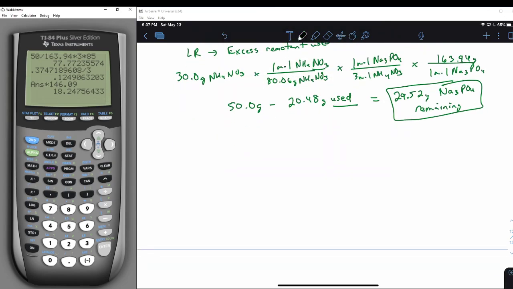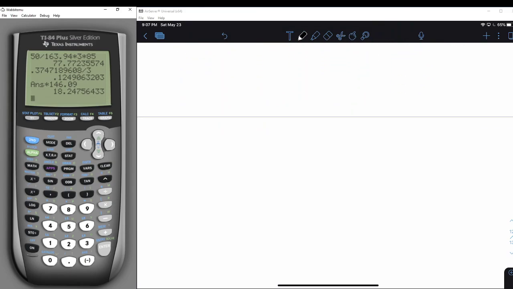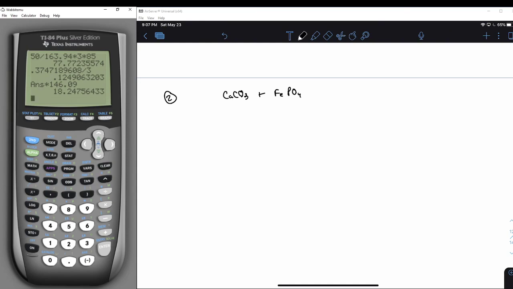And number 2 is the same type of problem. Okay. So for 2, we have CaCO3 plus FePO4 yields Ca3PO4 2 plus Fe2CO3 3.